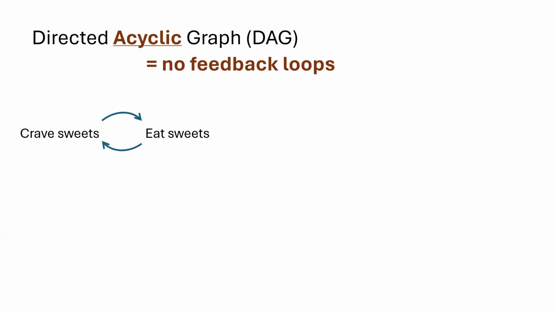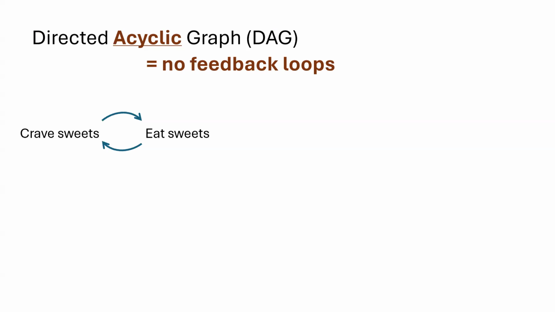So in a cyclic graph, we might think about the phenomenon where the more sweets I eat, the more I crave sweets, and the more I crave sweets, the more sweets I eat. Say that 10 times fast. For using these graphs to develop statistical models, we can't really have one variable feeding back into another one.